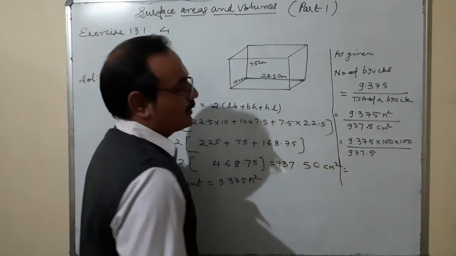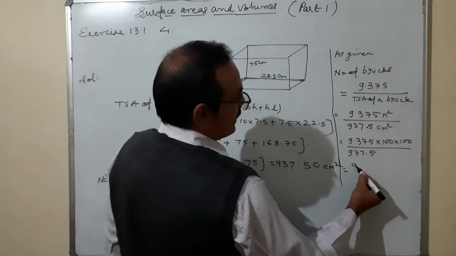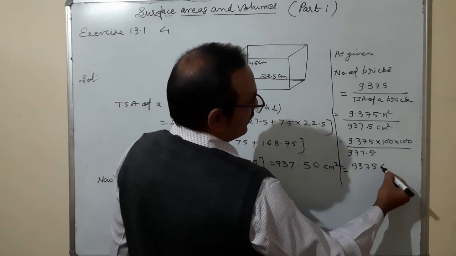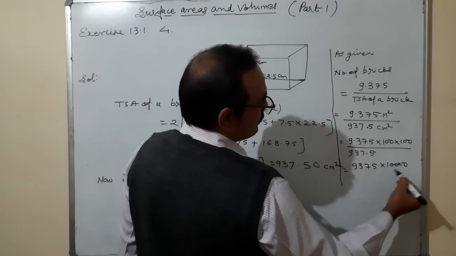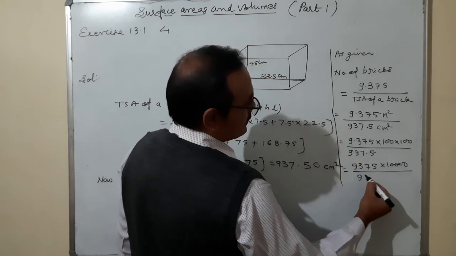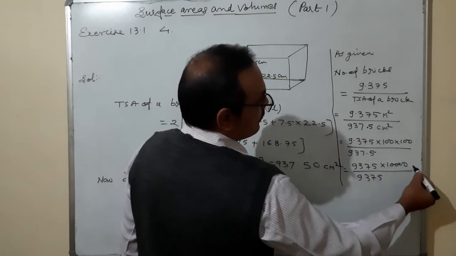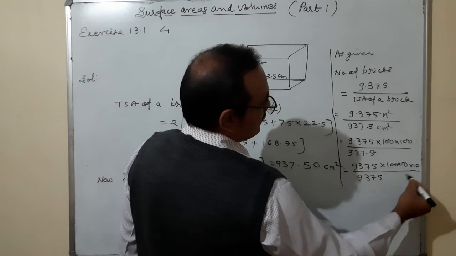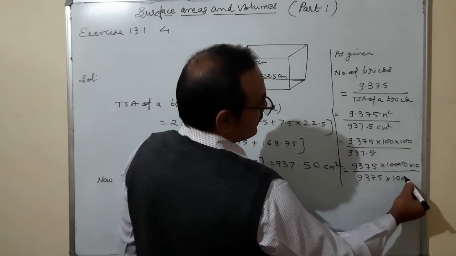Now we are going to calculate it. 9375 into 10,000 upon 9375 multiplied by 10 here and multiplied by 1000 here.